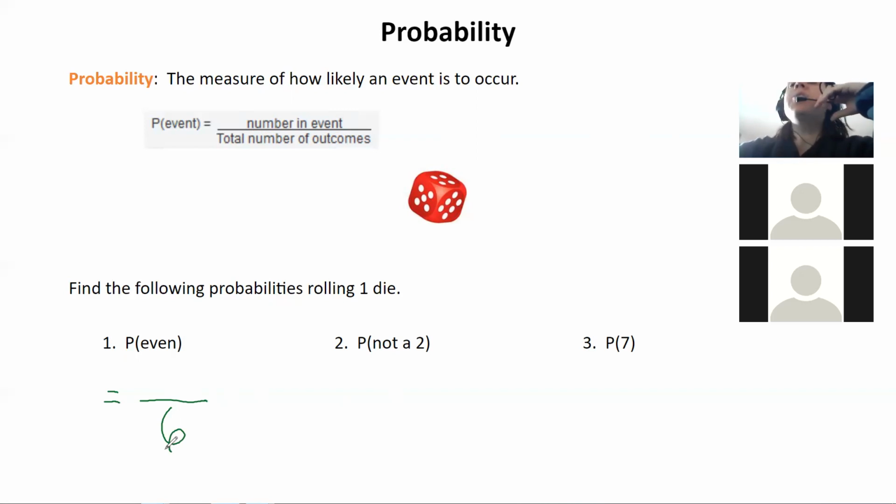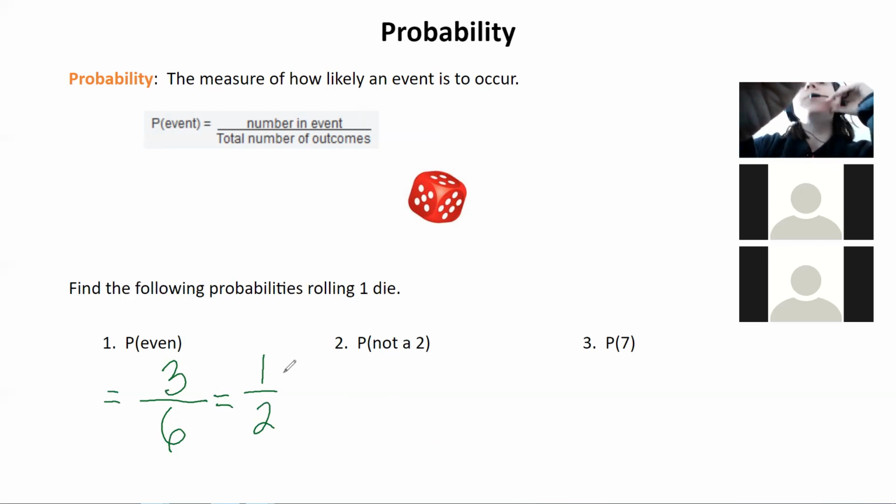Sam, good job listing the outcomes. We could get a 2, a 4, or a 6. So there are 3 different choices on that 6-sided die that are even. And then according to Isabel, we reduce this fraction to 1/2, which is right. So that means 1 out of every 2 rolls could potentially be even. And what percentage is that?